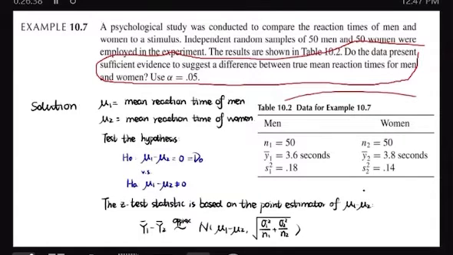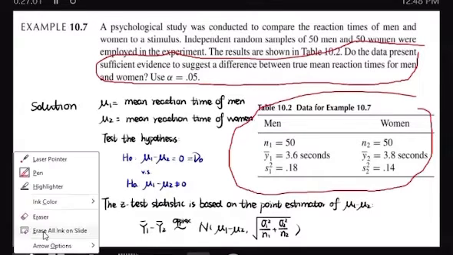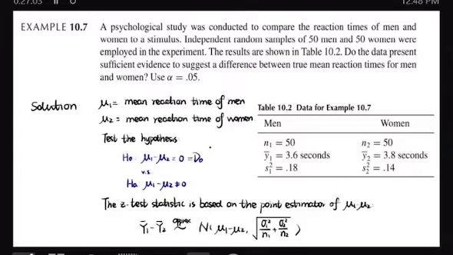They selected 50 men randomly and 50 women randomly, and from them they got the means and the sample variances. Is there any question on that? Of course, they're always going to give you that. Now, if you want to solve this problem, you need to first start by looking at the question and specifying your null and alternative hypotheses.